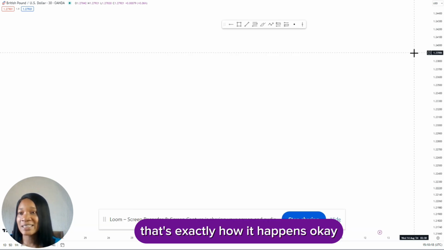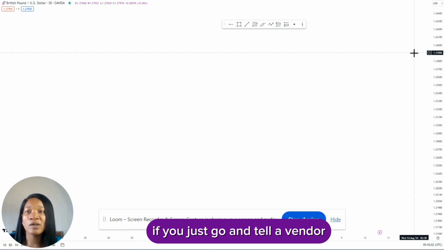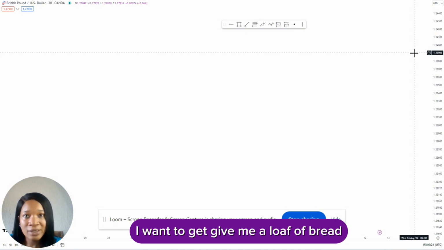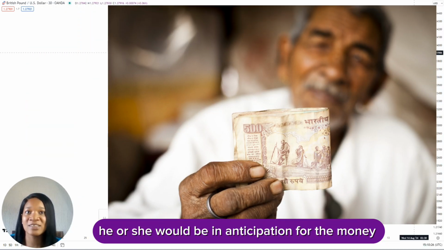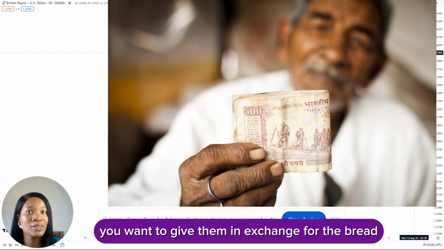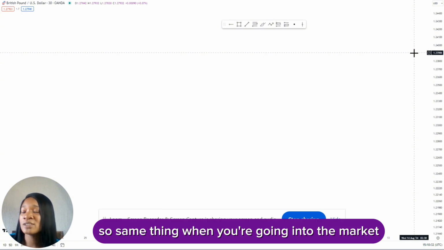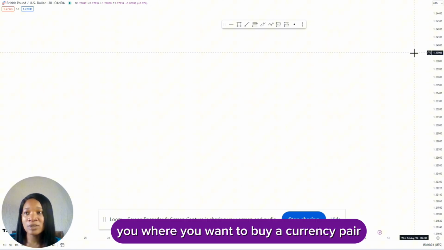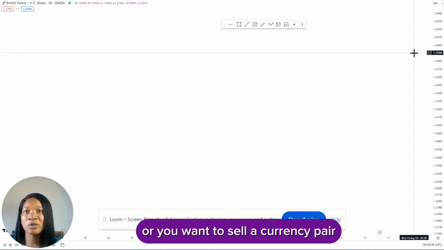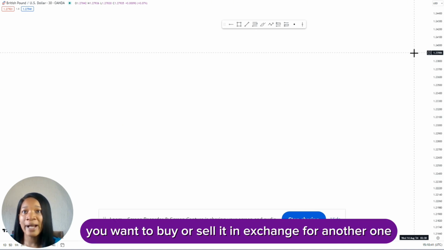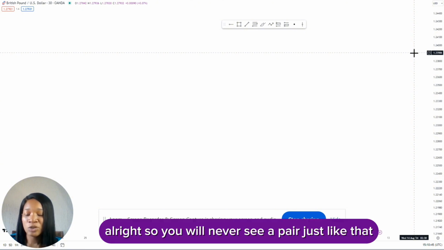That's exactly how it happens. If you just go and tell the vendor, give me a loaf of bread, he or she will be in anticipation for the money you want to give them in exchange for the bread. So same thing when you're going into the market, when you want to buy a currency pair or you want to sell a currency pair, you want to buy or sell it in exchange for another one. All right. So you will never see a pair just like that.